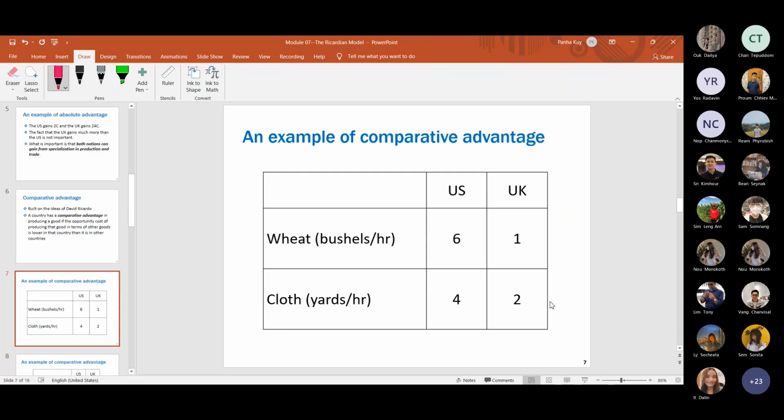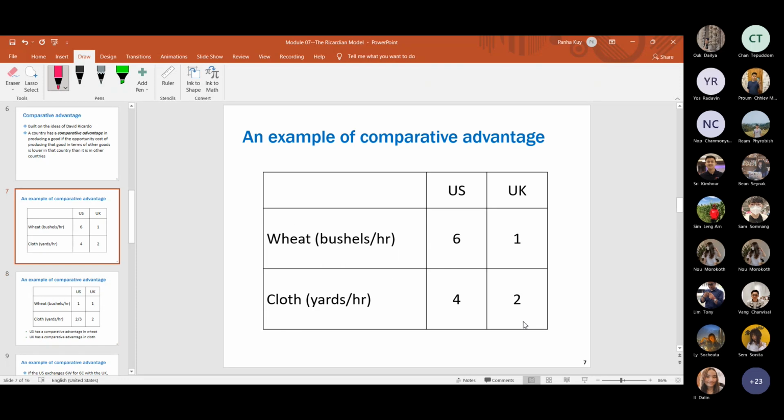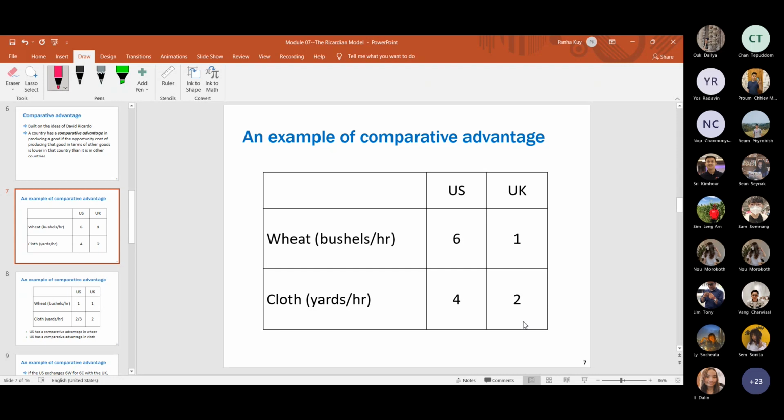So this is the example of comparative advantage. We have the same UK and US, and also the two products, wheat and cloth. Okay, 6 and then 4, and then 1 and then 2. So an example of comparative advantage, you need to think about this very well. This is the information that we have.